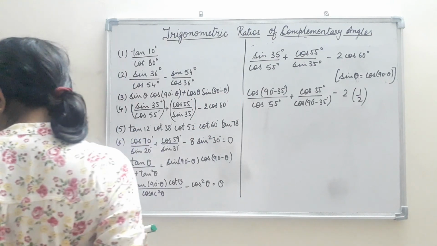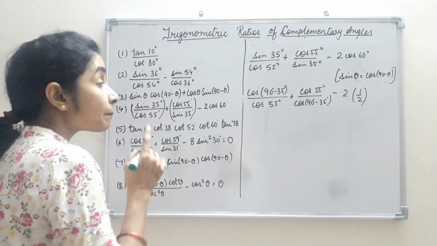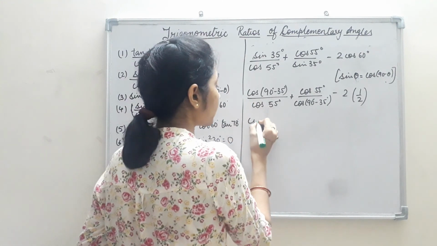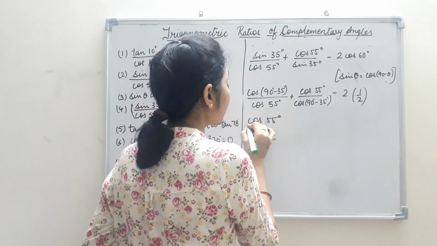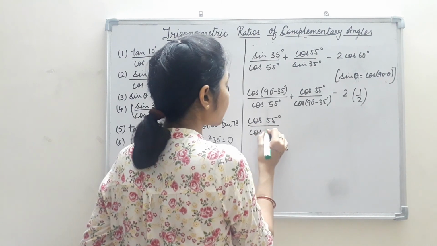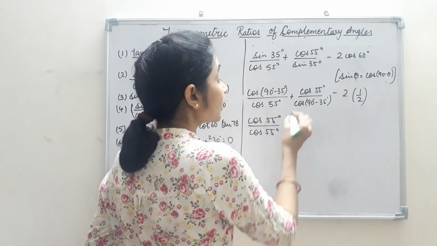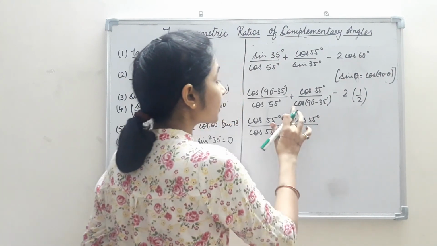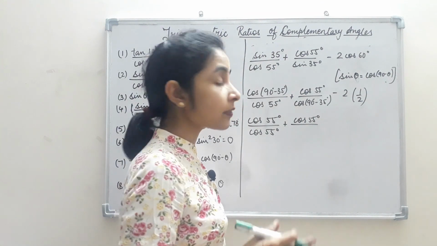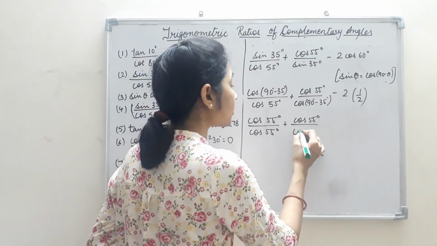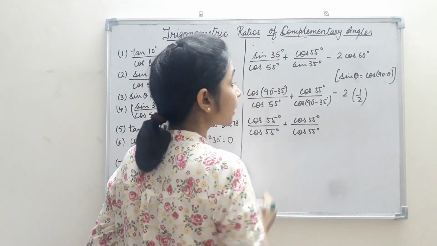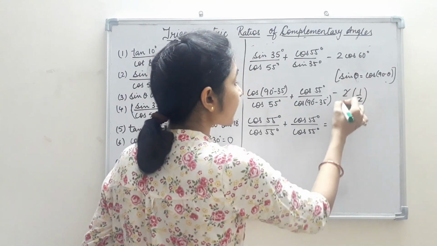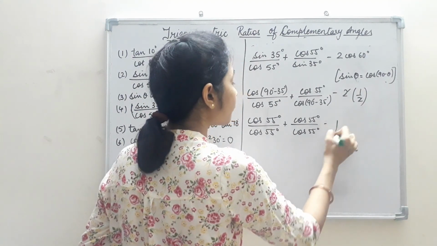Now cos 90 minus 35 gives us cos 55 degree, and in the denominator I also have cos 55 degree. Again in the numerator I already have cos 55 degree, and cos 90 minus 35 again gives us cos 55 degree. Now 2 into 1 by 2: the 2 and 2 cancel, and we have only 1.